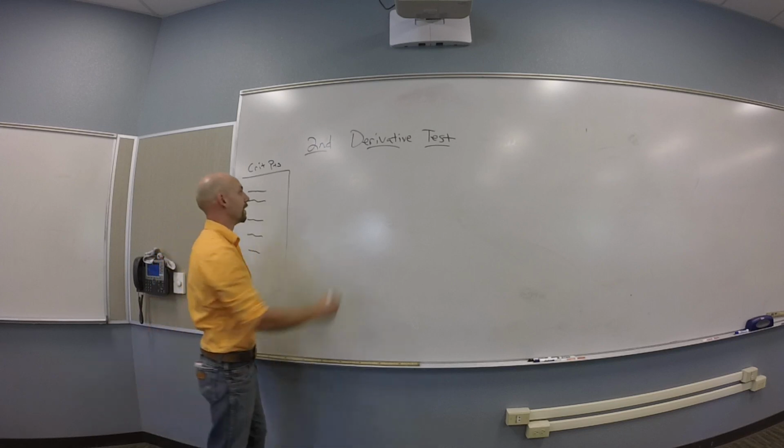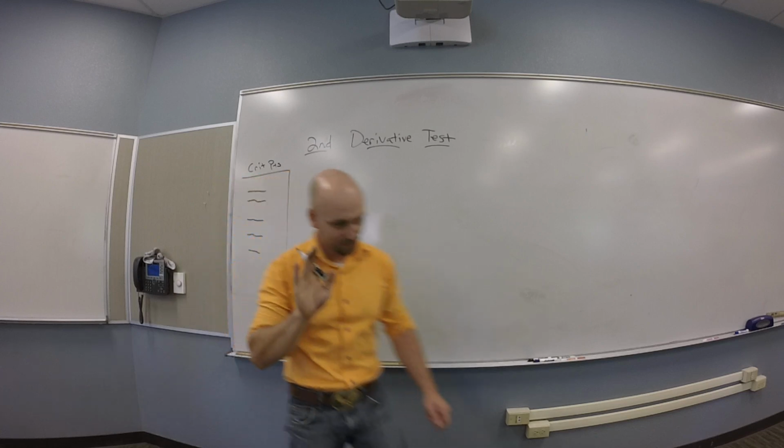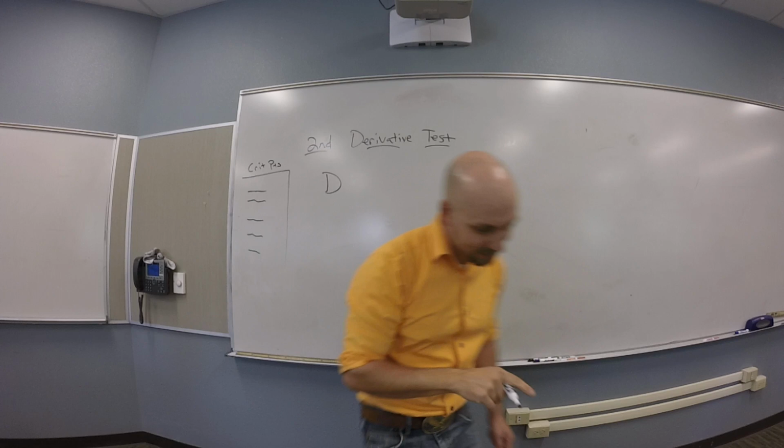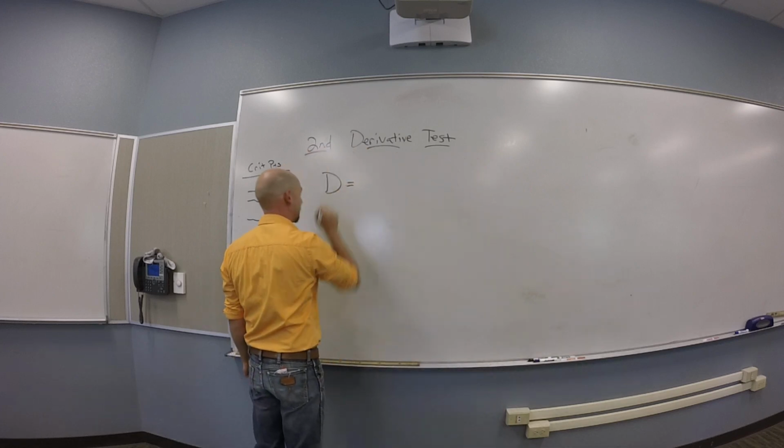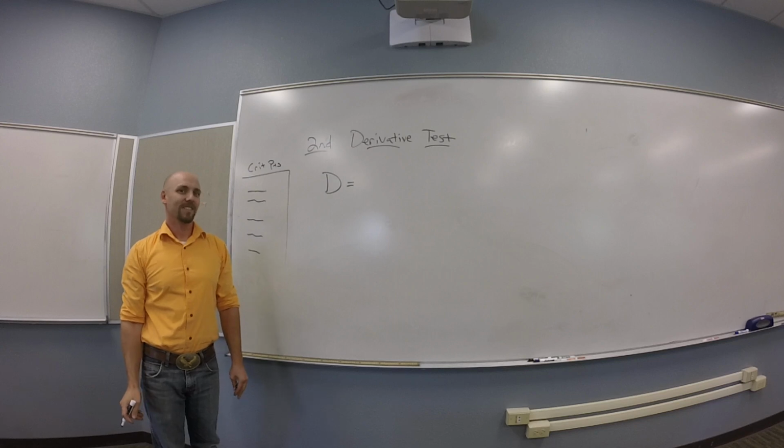So I need to calculate a thing first, and the thing you have to calculate is this magic D. Get the notation exactly right here: D. Okay?